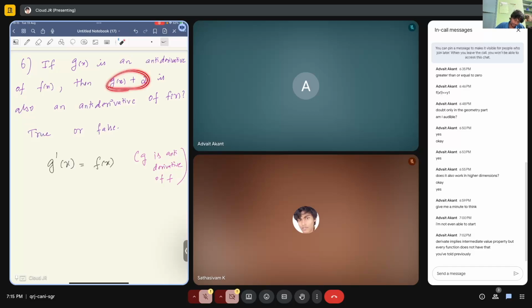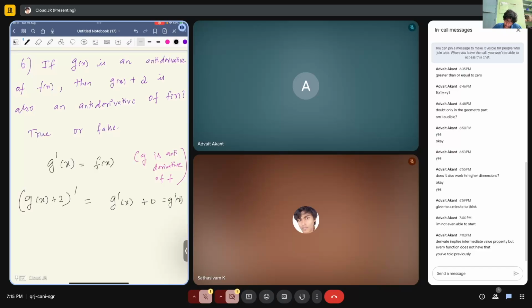Then the question is whether this is an antiderivative. That means you take the derivative of this. What is the derivative of g of x plus 2, the whole prime? The derivative is additive and the derivative of the constant is 0, so this is nothing but g prime of x.